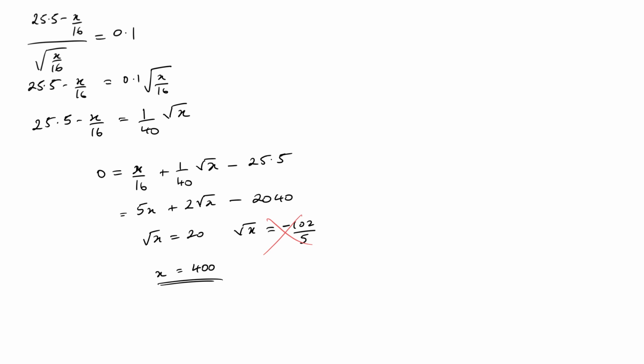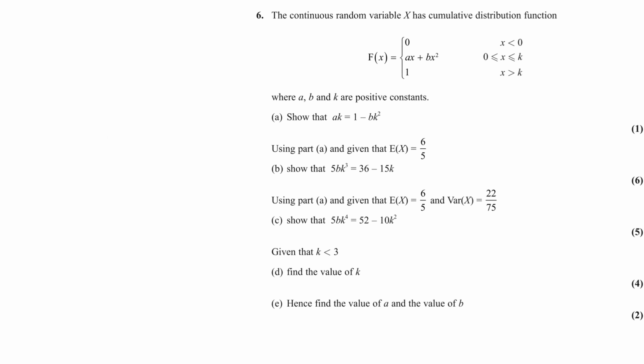Let's look at the last question then. Okay, final question. Continuous random variable x has a CDF, so it's cumulative distribution function, held by the capital F. Which means that if we substitute in the upper limit, this will then total 1.